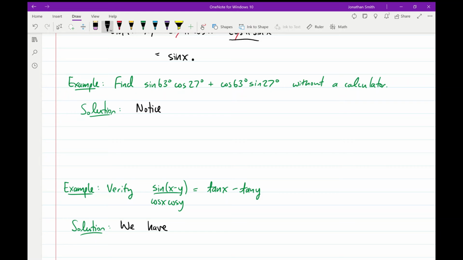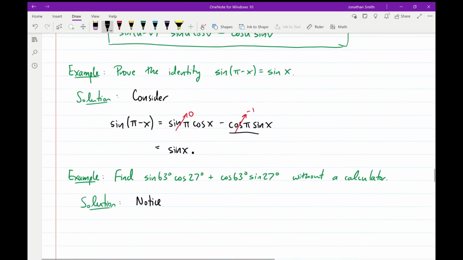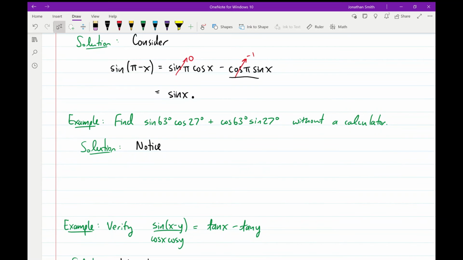So the key thing to notice here is that this looks an awful lot like the right-hand side of this formula for sine of u plus v. So sine of 63 degrees times cosine of 27 degrees plus cosine of 63 degrees times sine of 27 degrees is going to be equal to sine of 63 degrees plus 27 degrees.